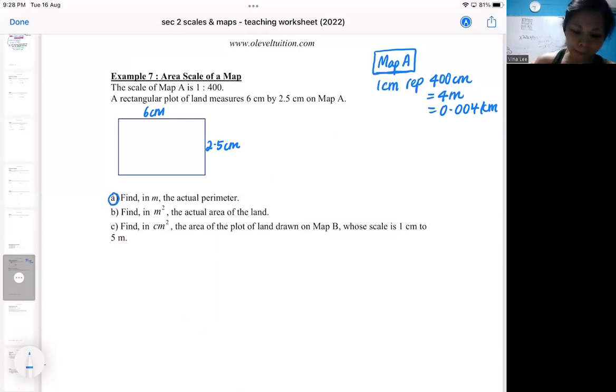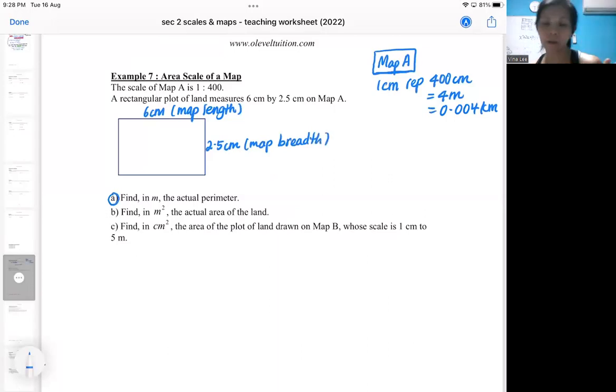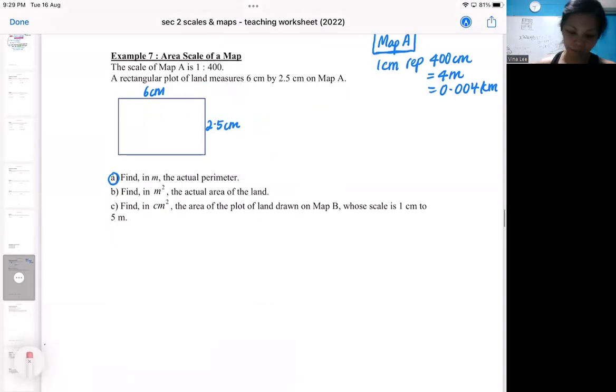This is the map length, can you find the actual length? This is the map breadth, can you find the actual breadth? You might want to find them separately and then add up the actual length. But the easier way will be to find the map perimeter first.